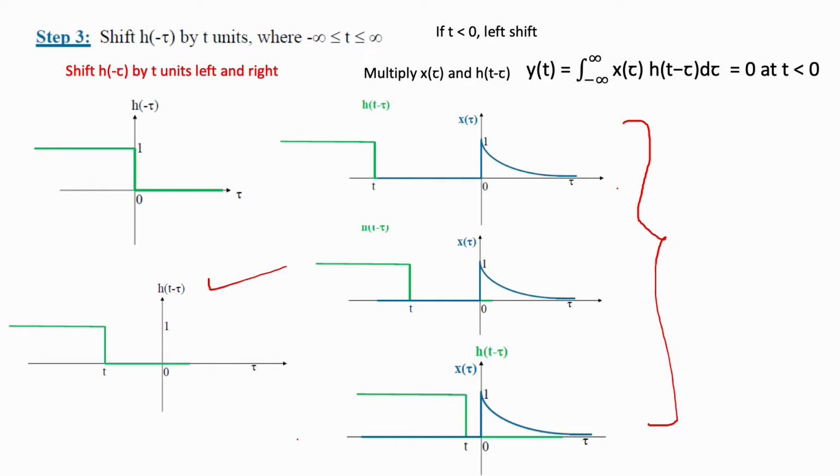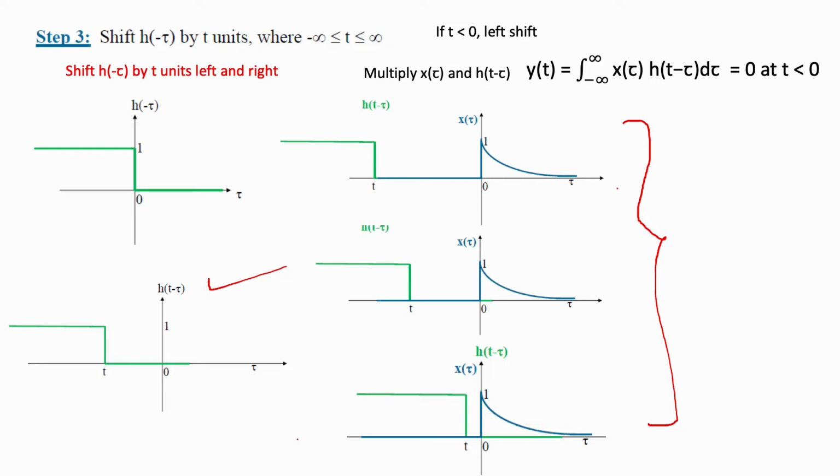There is the product between x of tau and h of t minus tau. At each and every step, there is no common signal. This is the input, this is h of t minus tau. No common area. What will happen? The product will be 0 for t less than 0, so the t we placed only on the negative side.